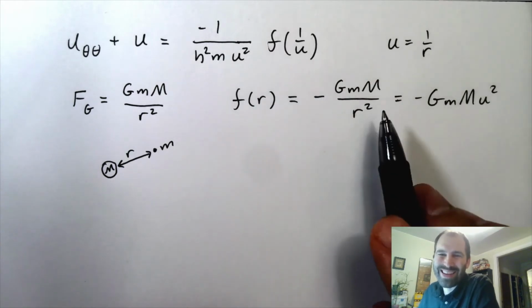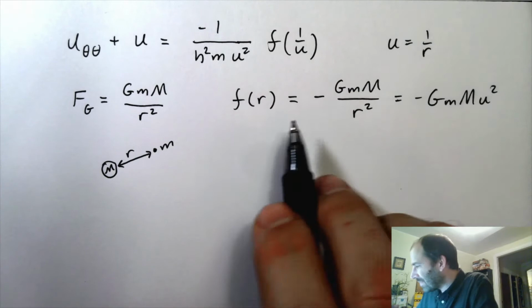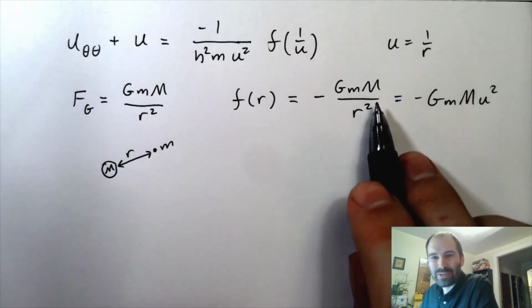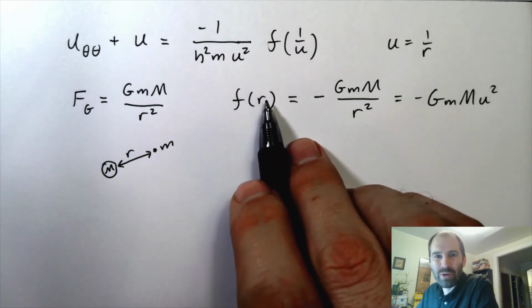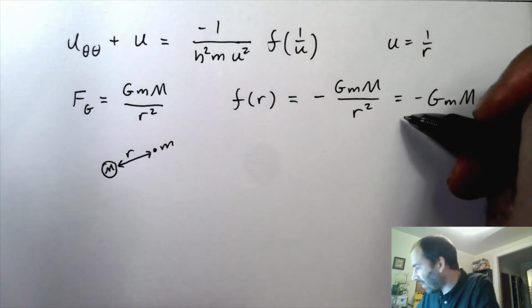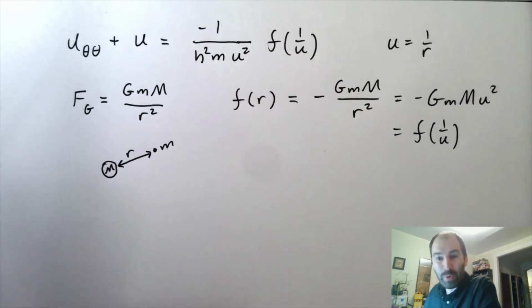Plugging in 1 over u is the same thing as making that substitution, u equals 1 over r. So if I computed 1 over u in place of r, I would have gotten the same thing. So what I've just found here is f of 1 over u. I just went about it a different way, okay?